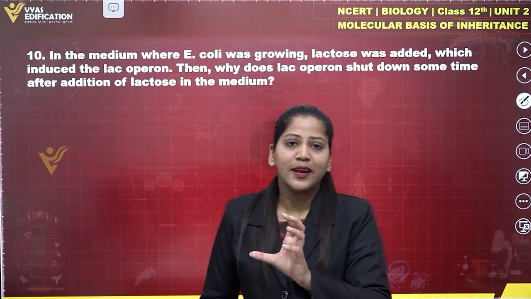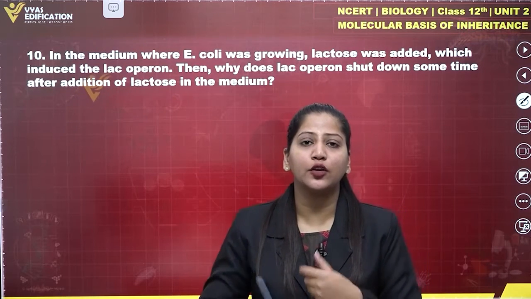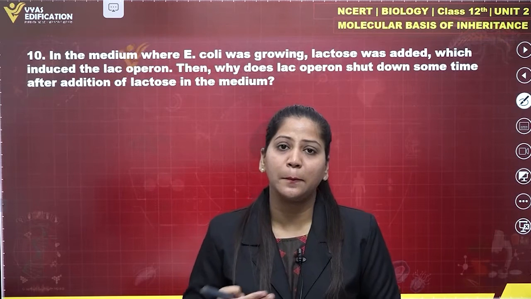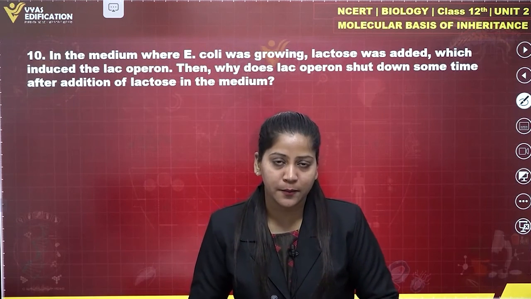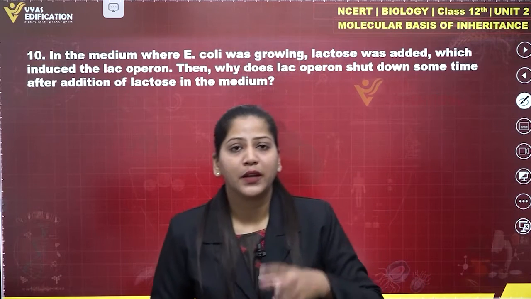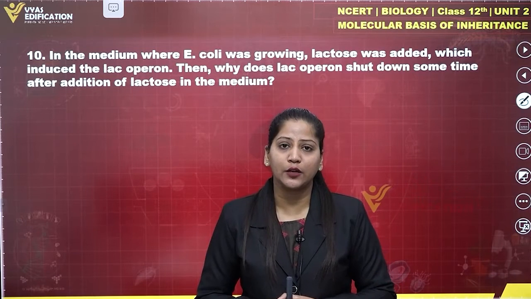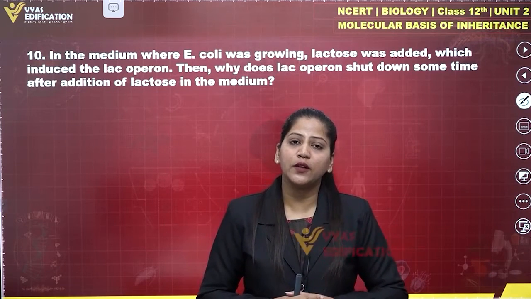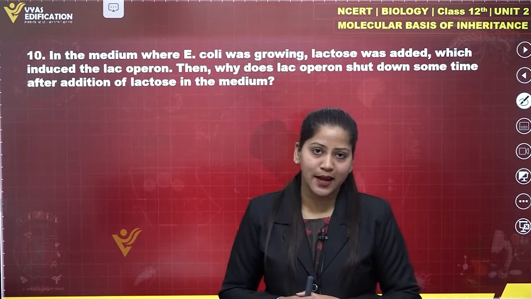Now, when lactose is present, it binds to the repressor and the operon codes for some enzymes such as beta galactosidase, permease and transacetylase. The enzyme beta galactosidase converts the lactose into glucose and galactose, which are readily used by the cells.